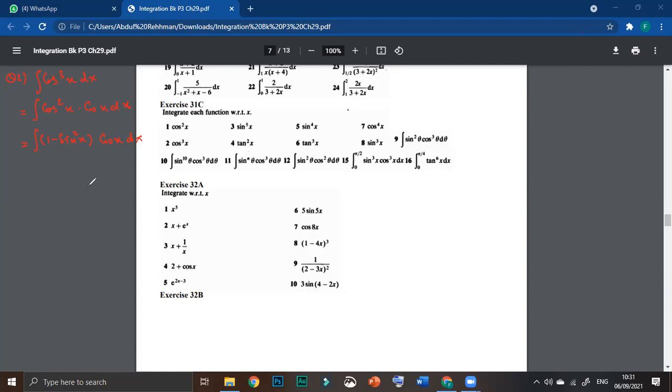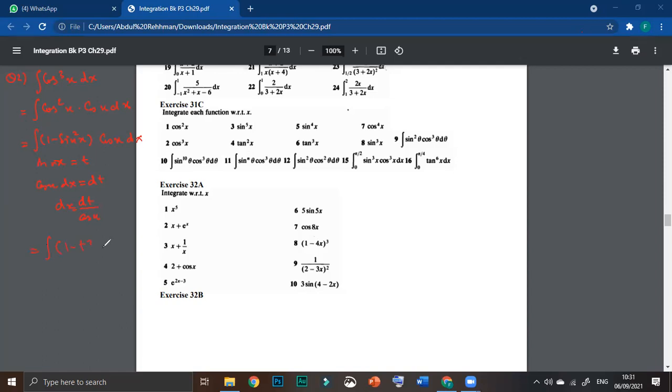Sir, let sin x be t. Yes, we will use the substitution method. We will let sin x as t, so cos x dx is equal to dt, and dx is equal to dt over cos x.